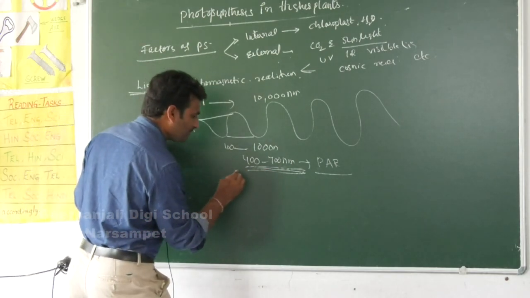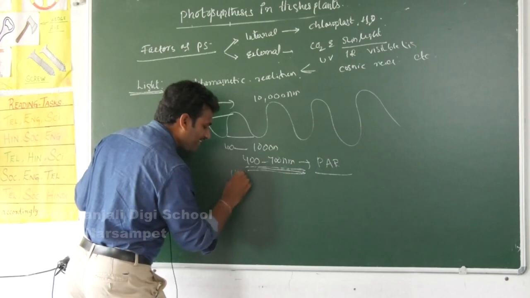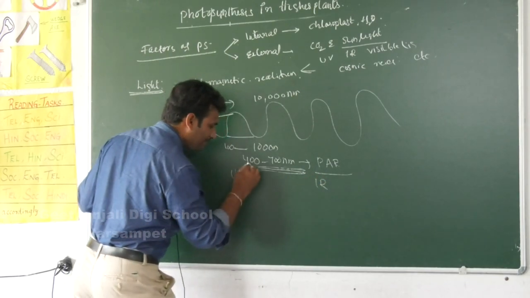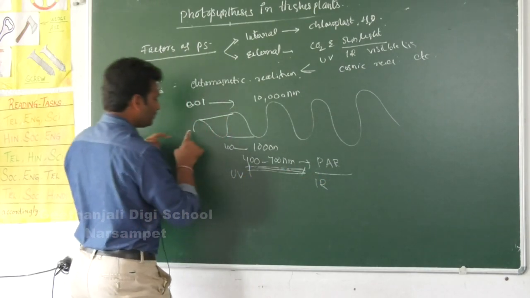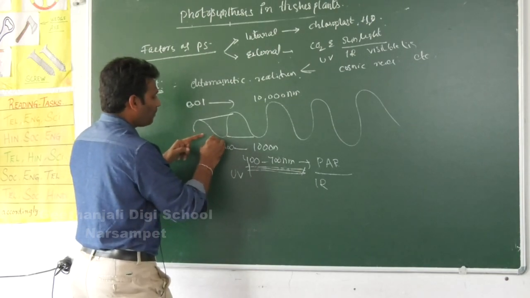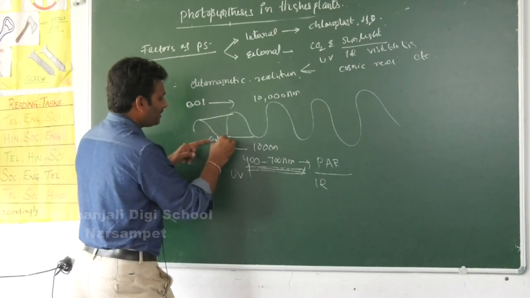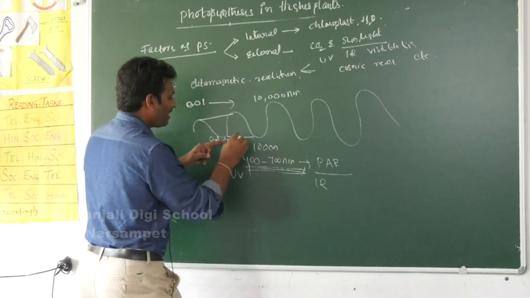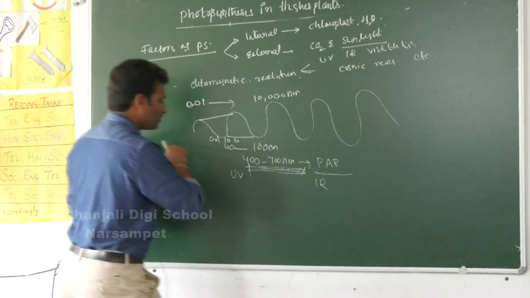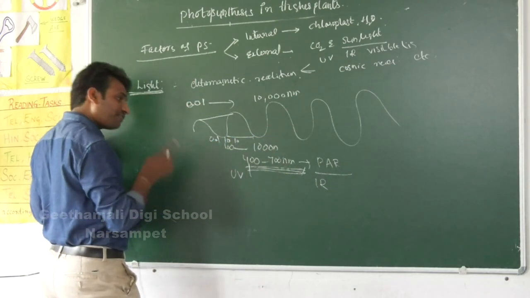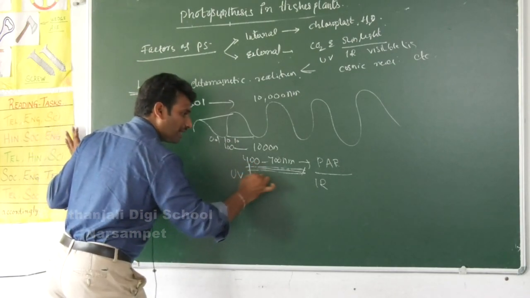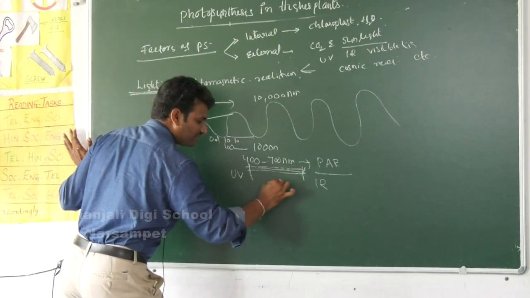It lies between UV rays and infrared rays. On the graph, if you take 0.01, 0.1, 10, 100, 1000, 10,000, the range from 400 to 700 is considered as visible light.